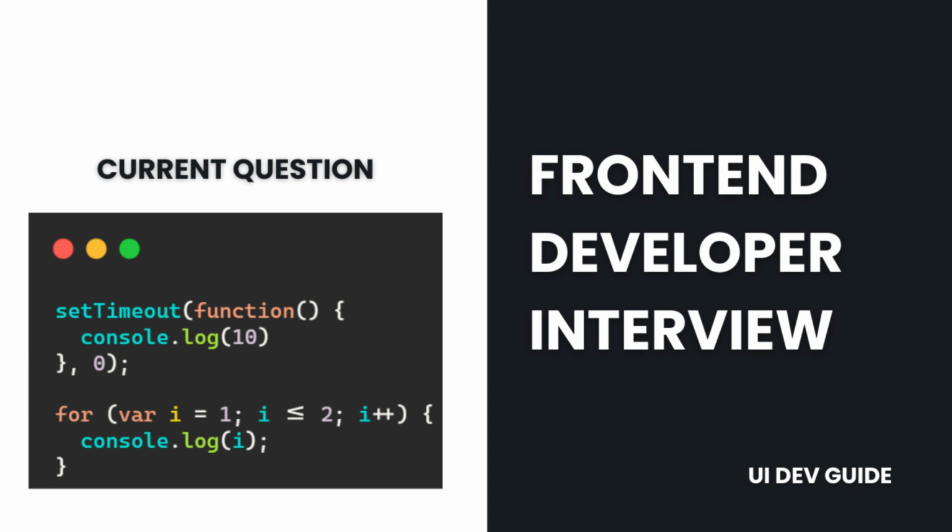It returns 0, 1, 2, and then the set timeout 10 will come. Why? Because setTimeout is asynchronous, it will be pushed to the event loop, and JavaScript will run all the lines one after the other. So it moves to the for loop next and runs it, and because it doesn't find any other line after that, it brings the setTimeout back into the call stack, and then it runs this. Yes.